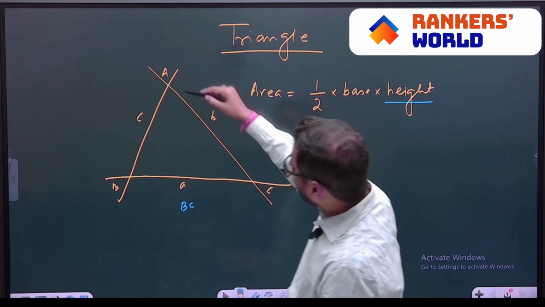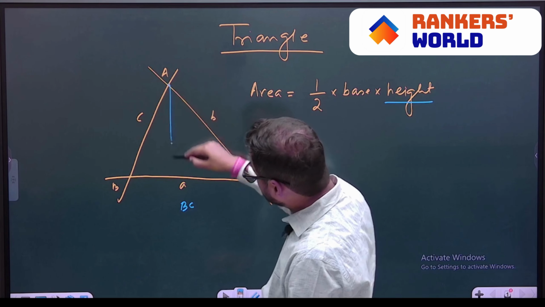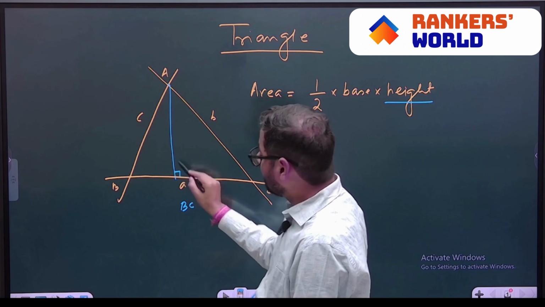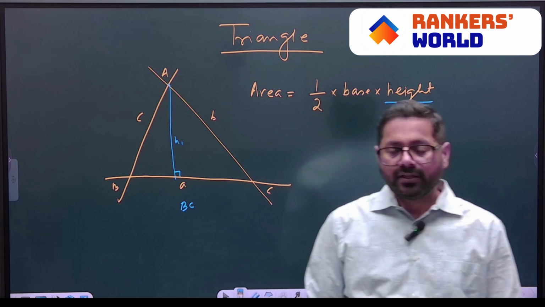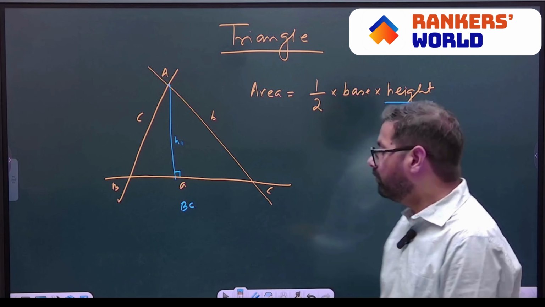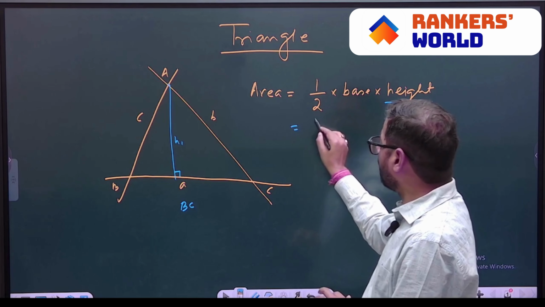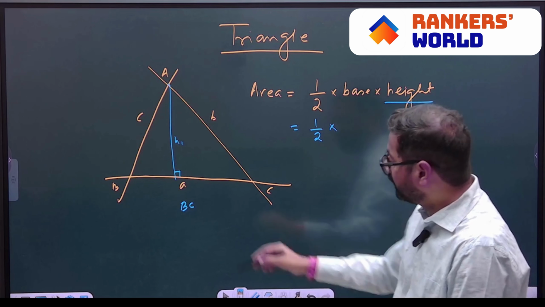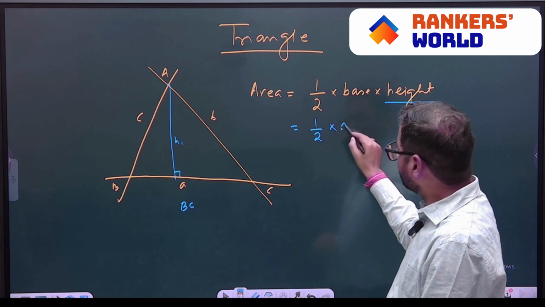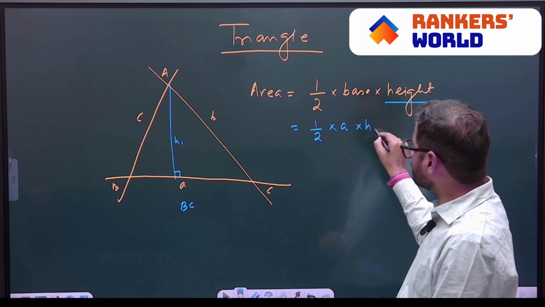I drop a perpendicular from A on BC, and this is called H1. If I know the H1 value, I can say the area of the triangle is half of a, the base, and the height is H1.